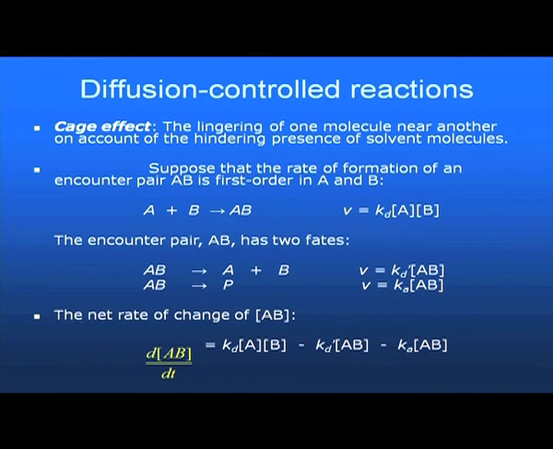So for the net rate of change of AB, we have to apply the steady state approximation.